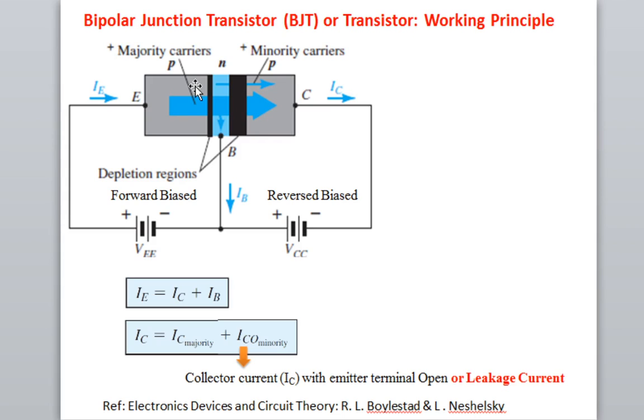If you see, the emitter current starts with charge carriers from the emitter, the holes, diffusing from emitter to base. The majority charge carriers in the emitter are holes, which diffuse from emitter to base region, because the base is n type, so electrons are the majority charge carriers there.